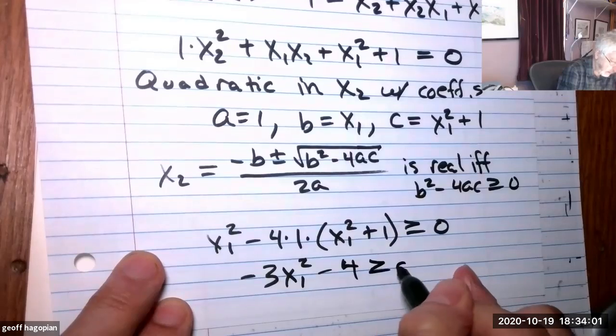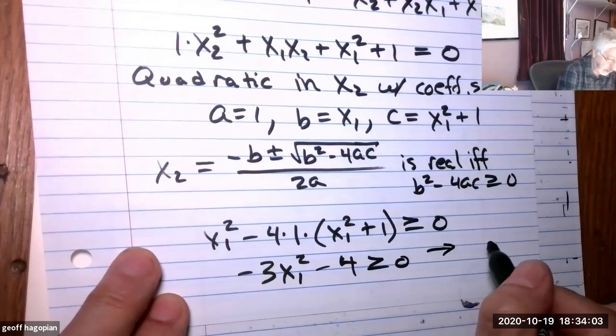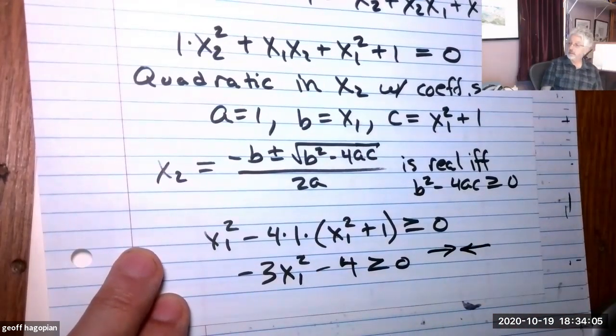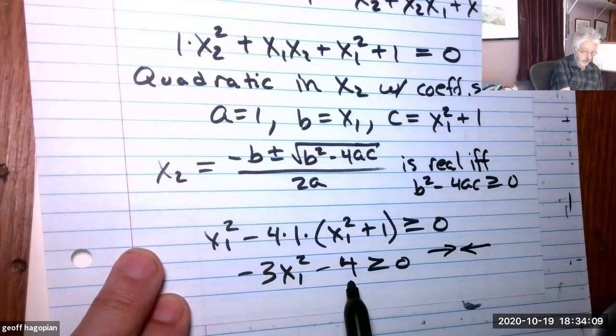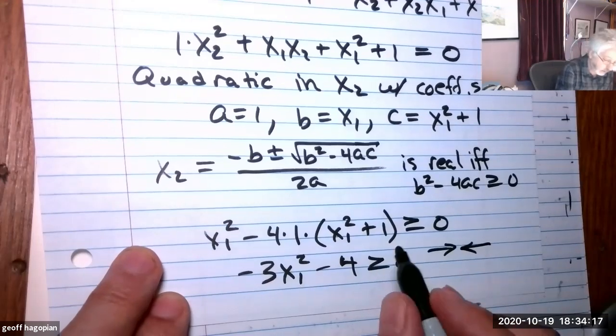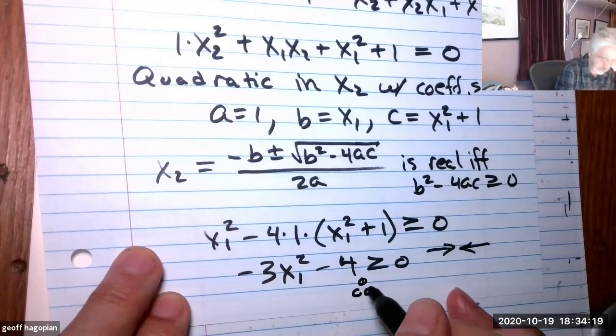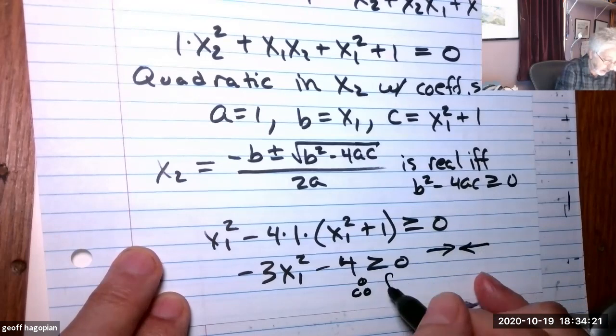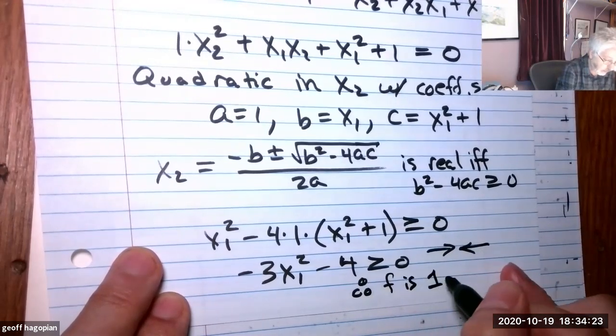That has to be greater than 0, but that's a contradiction, right? Because this is a negative. We're subtracting 4 from a negative. That can't be a positive number, right? Therefore, F is 1 to 1.